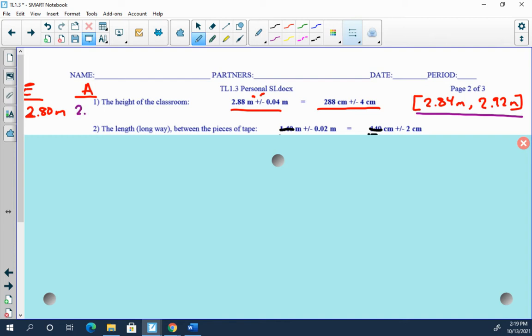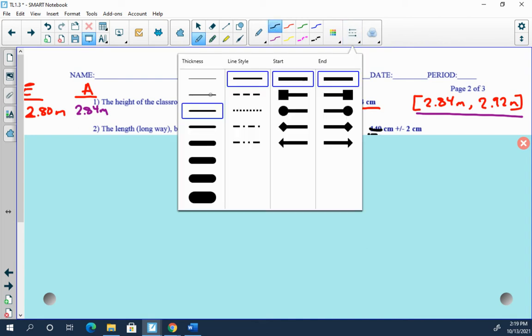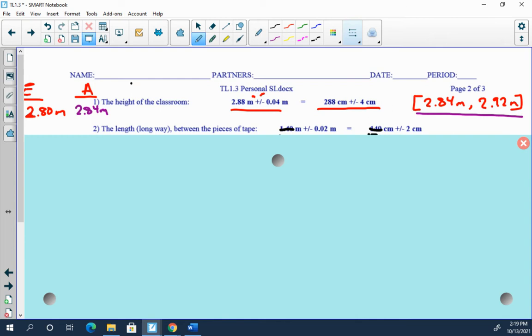So you put 2.84 meters as your actual, and then you do the percent error. And the percent error, make sure you do the measured minus the actual over the actual times 100. So you can get a negative percent error. Okay, anyway, in this case, you would get negative because your estimate was below the actual.